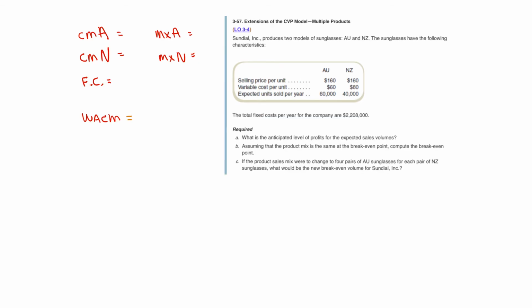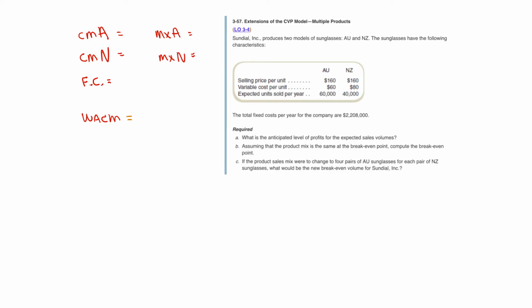In this problem, we have 2 products, AU and NZ, and we have various parameters: selling price, variable cost, number of units, fixed cost, 2,208,000. And then we're asked, what is the anticipated level of profits? What is the break-even point?